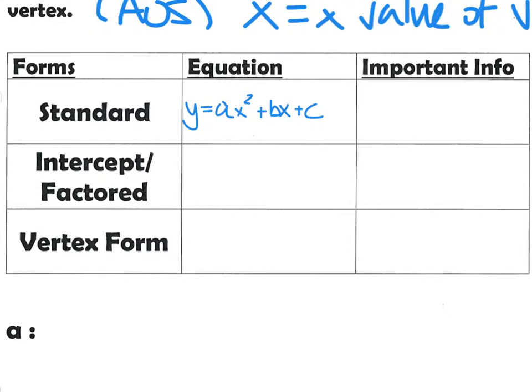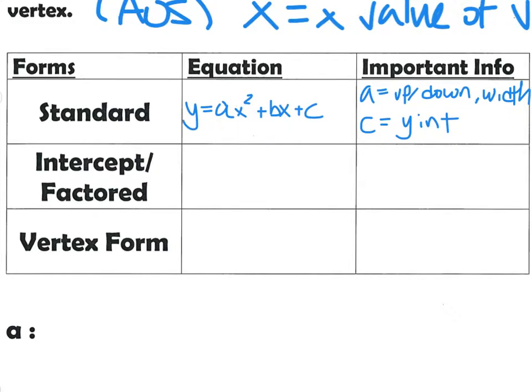An important thing here is A tells you whether it opens up or down, and also it tells you the width. Is it skinny or fat? So width. Then C, the other important thing here, C is my y-intercept. So standard form gives me my A, does it open up or down? Is it skinny, fat, or normal? And then it gives me my y-intercept.